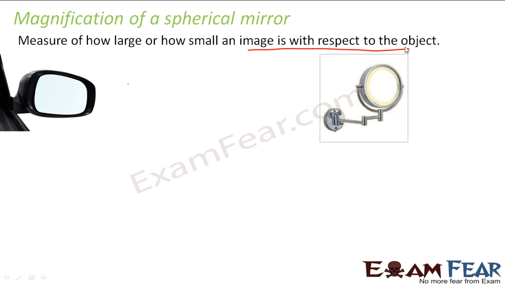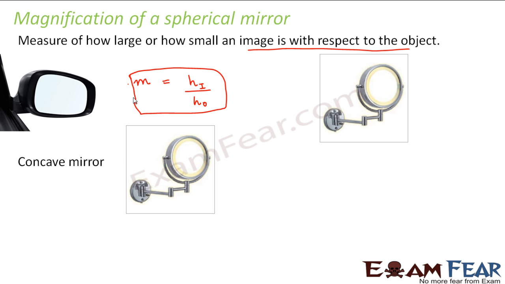So we generally denote magnification with a small m, and we say that it is the ratio of the height of the image to the height of the object. So this is how we define magnification. When we talk about a concave mirror, what is the height of the image?